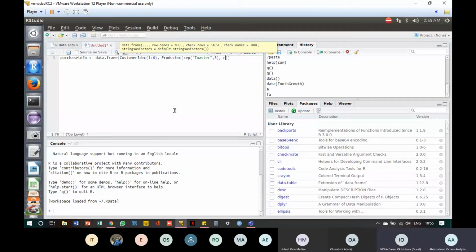To repeat a variable. Yeah. So repeat toaster 3 times. So 3, and then here.